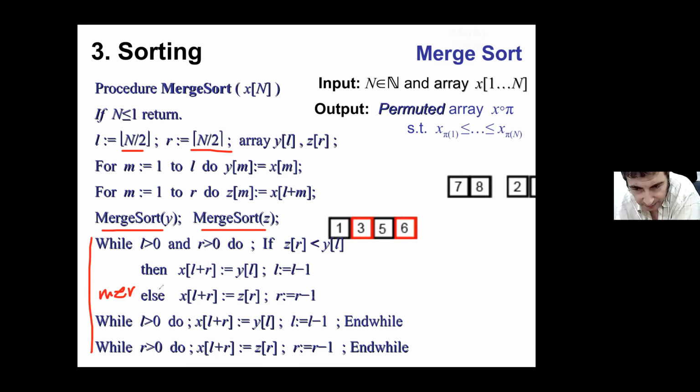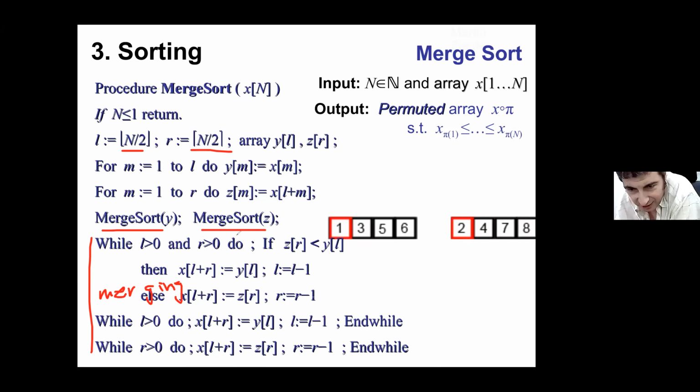So this was the merging part. We discussed in detail what you can do. You always need some kind of copying. This was the problem of the merge sort: this merging part always needs copying.